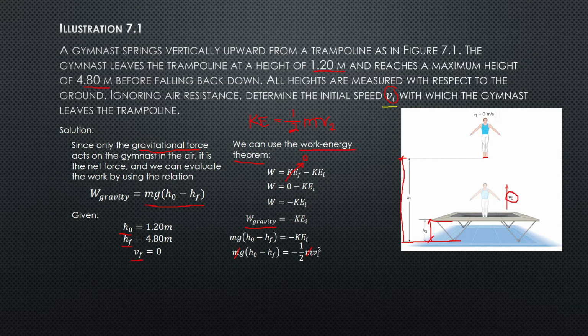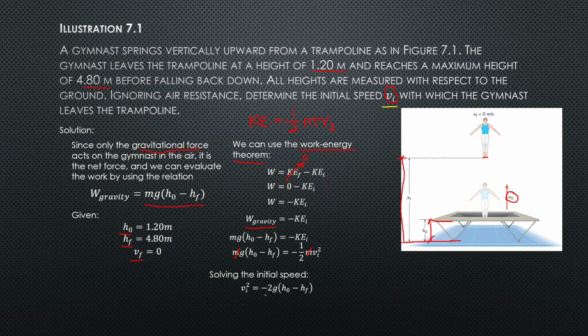Okay, so solving for the initial speed, multiply both sides by 2. So 2g times h sub o minus h sub f, and v sub i squared negative. So dividing both sides by -1 gives you this equation.